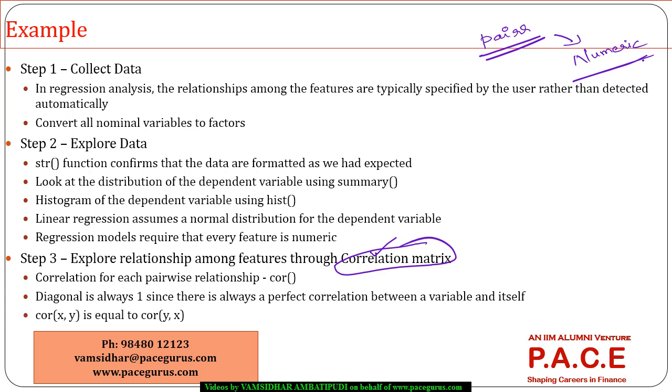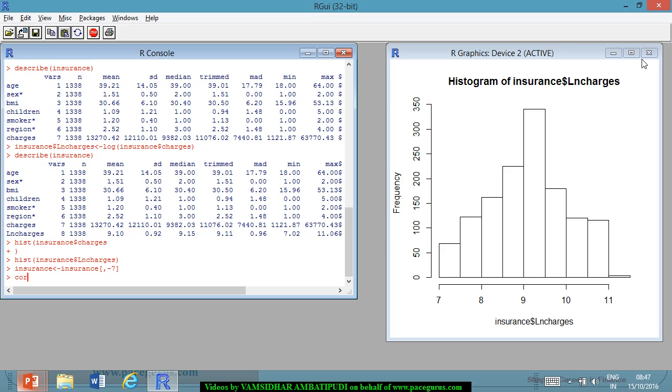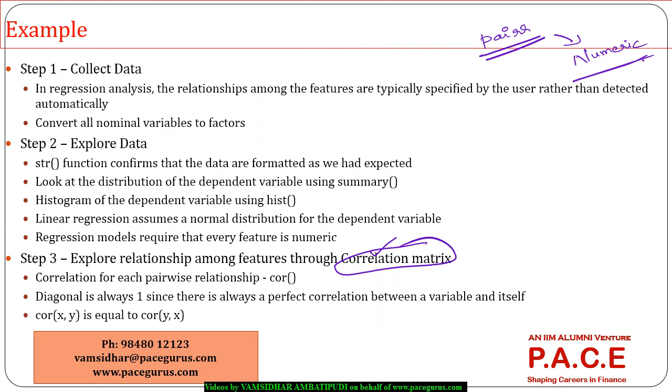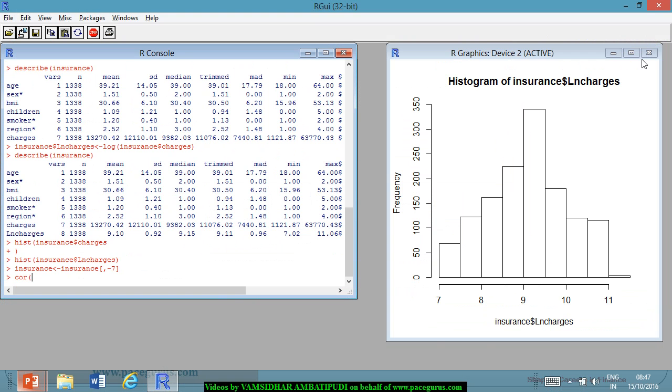So I can very well find the correlation for each pairwise relationship. I can use a simple cor function, right? Within this cor, I can't take all the data. I am not interested in all the variables, only in the numerical variables.